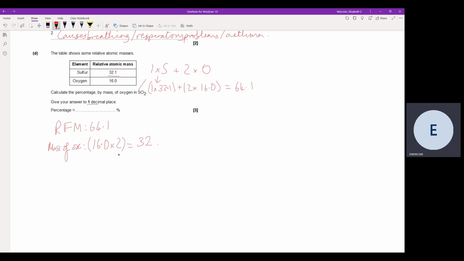And then my percentage of oxygen is going to be the mass of the oxygen divided by the total mass and multiplied by 100, which gives me an answer of 49.92199, etc. They've asked for it to 1 decimal place, so I want to look at 1 decimal place. My 2 doesn't round up any further, so I can get rid of that, and I get 49.9.